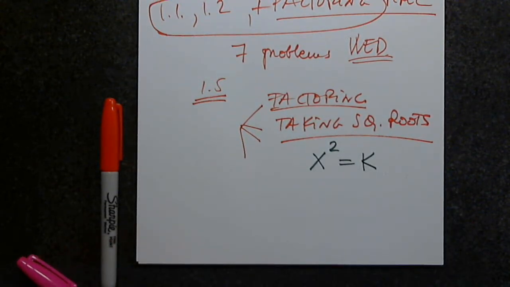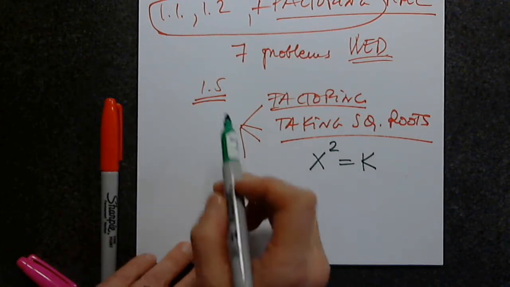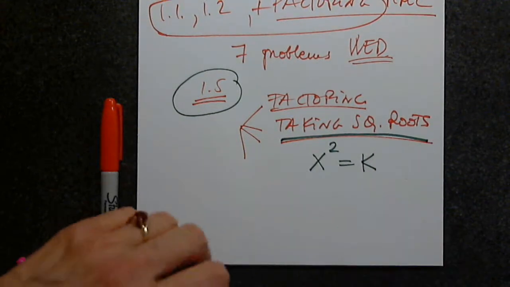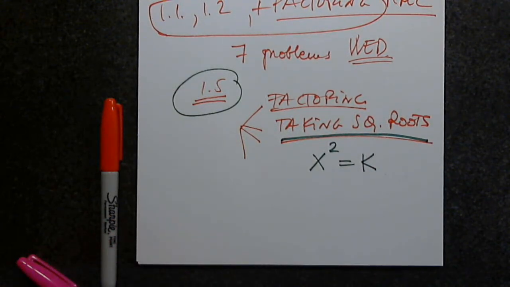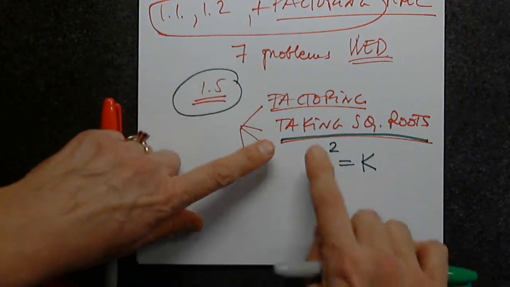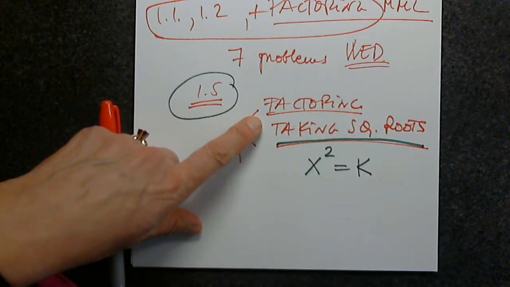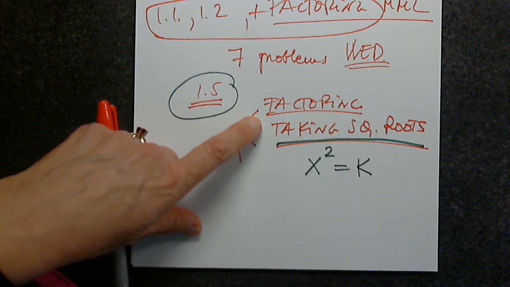So are we in the book now? We just write. We are back in 1.5 with the second method of solving quadratic equations. So taking square roots is our second method. The first one was factoring, and we used almost 2 sessions to discuss factoring.